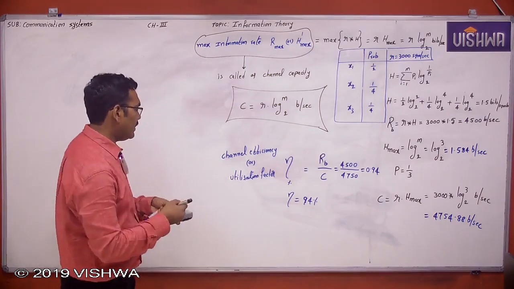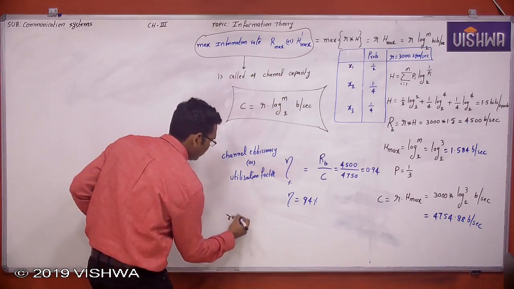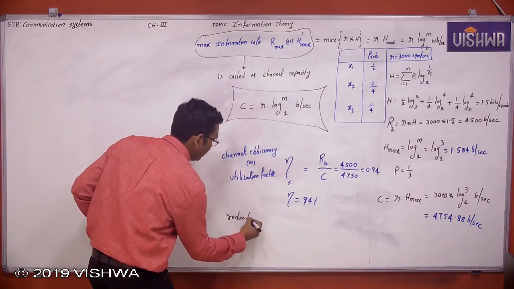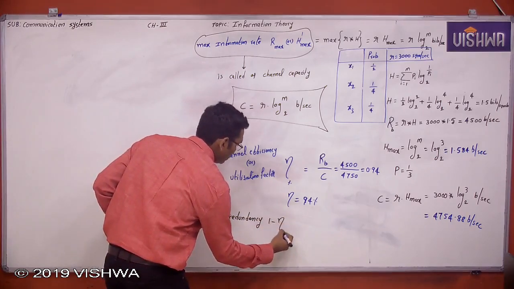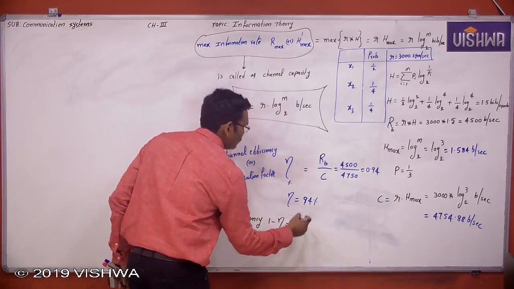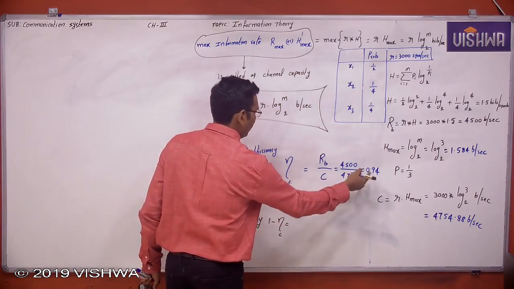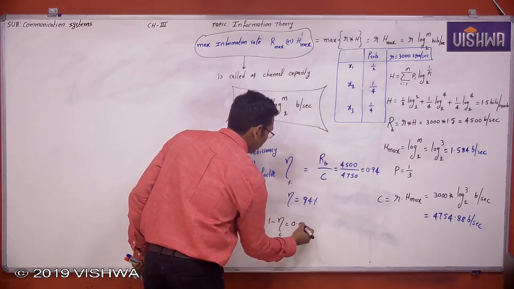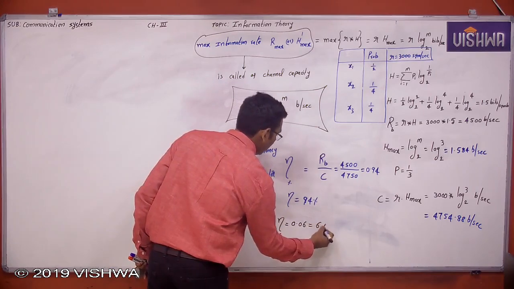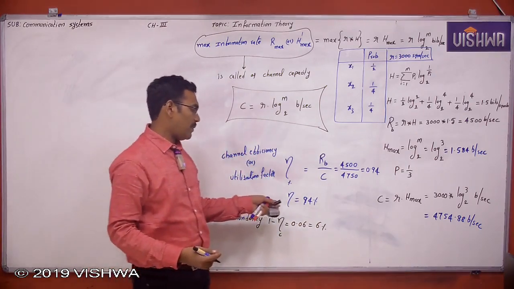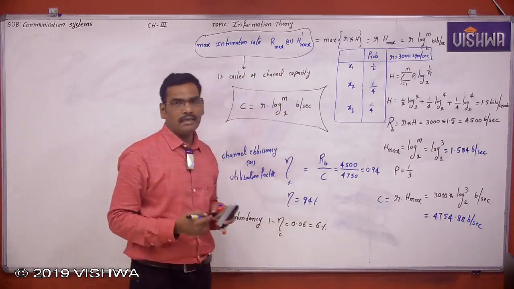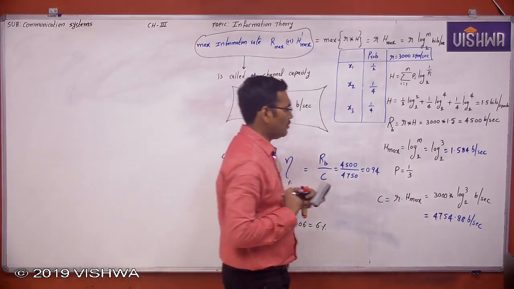Then what is the redundancy? The redundancy is 1 minus the channel efficiency. So 1 minus 0.94 is 0.06, which means 6% is the redundancy, the capacity not utilized, and 94% is the capacity of the channel being utilized.